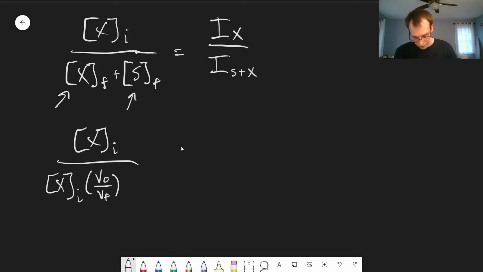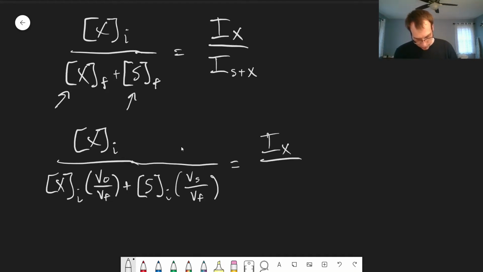That's our dilution factor. And then a similar thing for our standard, but our initial volume of standard is Vs, which is different than the volume that we started with for our whole sample. Vs is going to be a much smaller value, but still divided by the final volume. And then on the right-hand side of the equation, we still have Ix and Is plus x.